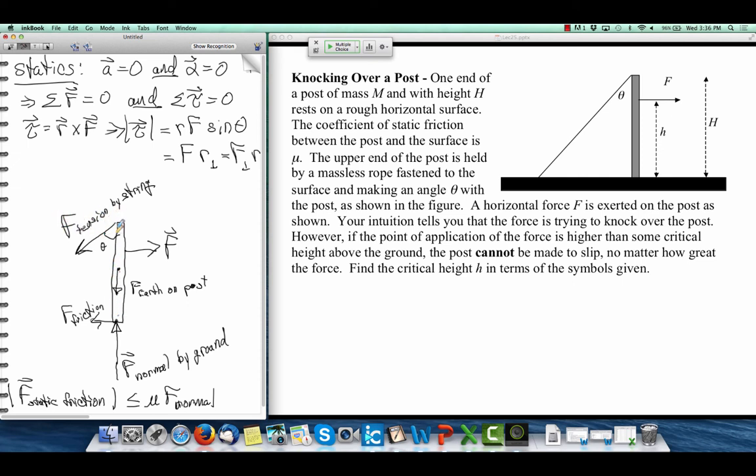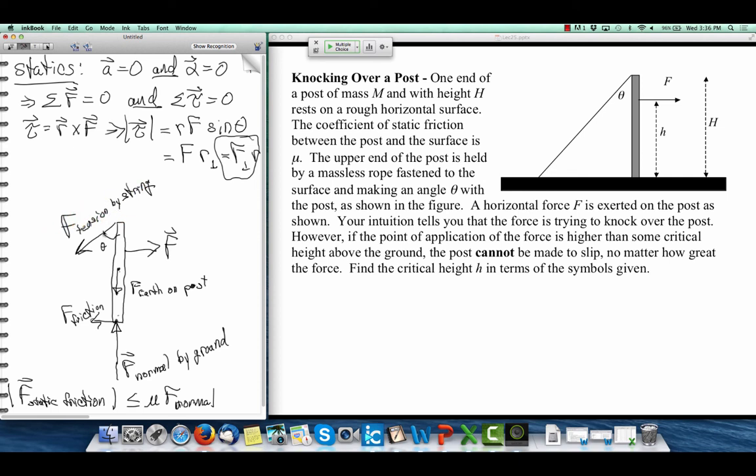Since r is a vertical line, a vertical vector up to here, r would be a vector up here of length capital H. And the part of F that's perpendicular to r, since r is vertical, that's the horizontal part of that tension force.